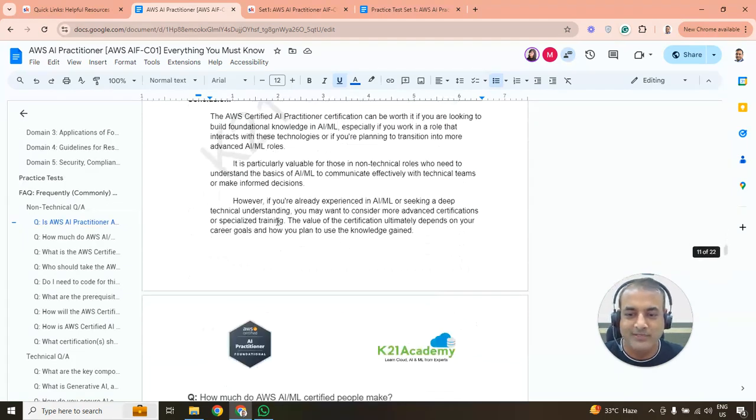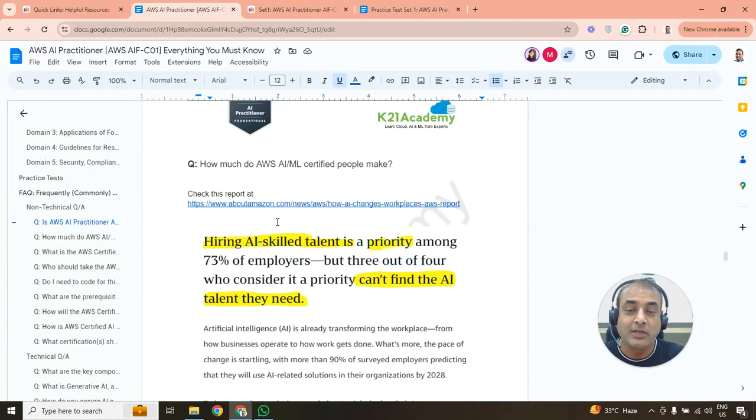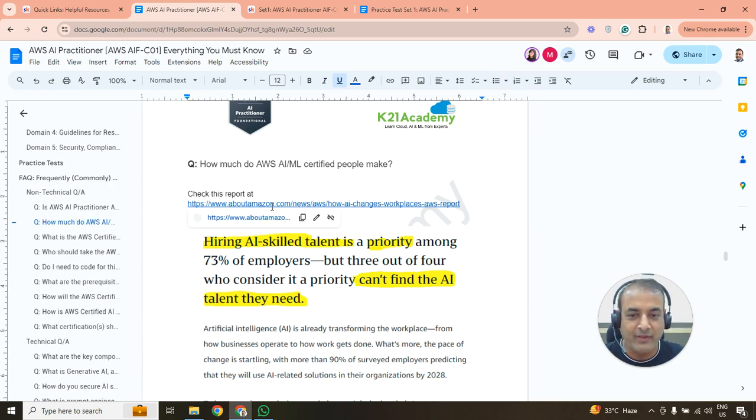The next question is, how much do AWS AI machine learning people usually make? And trust me, when I saw this a couple of years back, I was shocked and surprised. They pay a hefty amount. It's probably worth reading this report done by AWS: hiring AI skills is the top priority among employers.